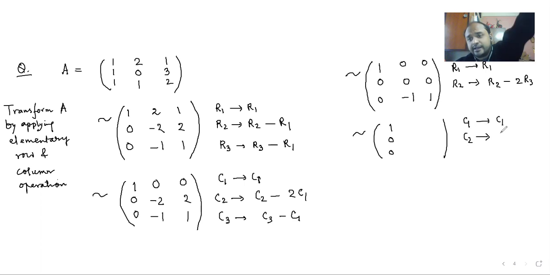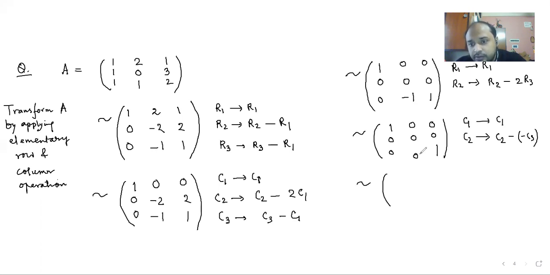If you are adding two columns, you have to write it in this manner. I want to change column 2 because minus is there, so I must write it as C2 minus minus C3. That actually changes C2. C3 will remain the same, and we can write it as 0 0 0.